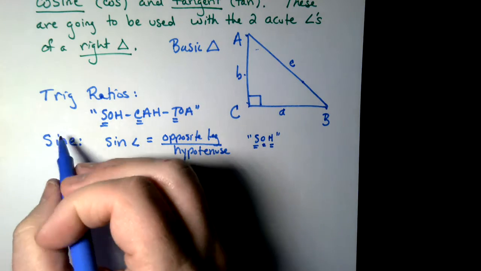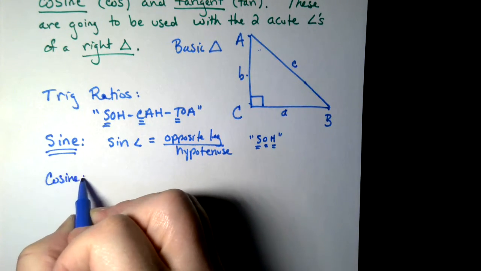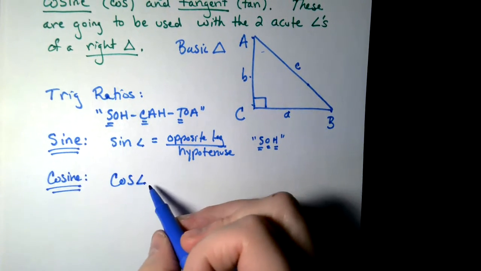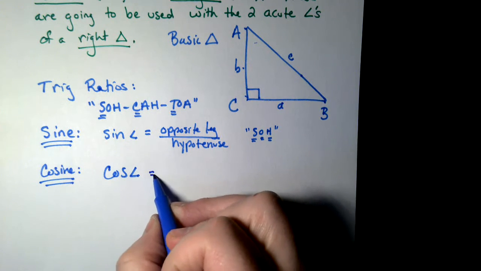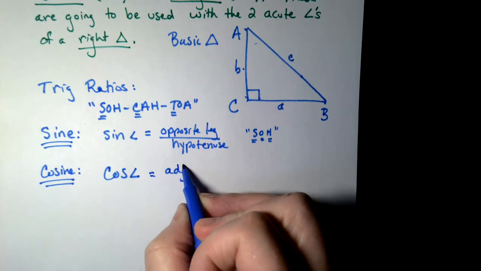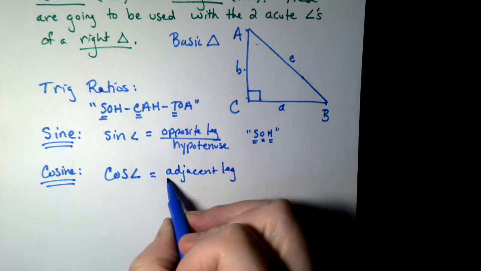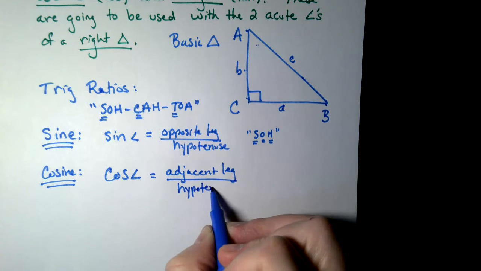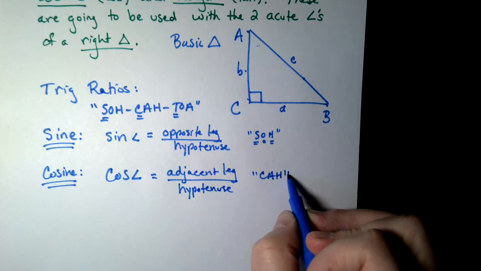The cosine ratio would look like this. Cosine, and they'll say angle A or angle B or angle C. Cosine of an angle is equal to what they call the adjacent leg over the hypotenuse. And that's where the CAH comes in.